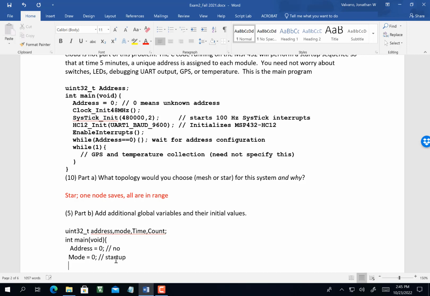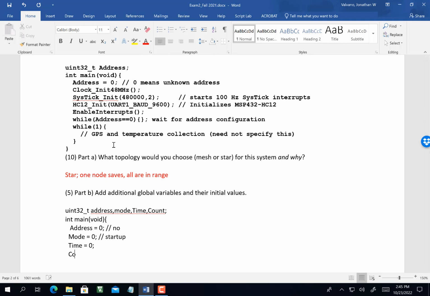Time will be 0. Since we are going to be measuring time in GPS, we'll need the time. And then if we're going to be the master, this will matter. This will be the next address to assign. Okay. And then we'll turn on the clock. Again, I didn't take off for this if you didn't do this part.